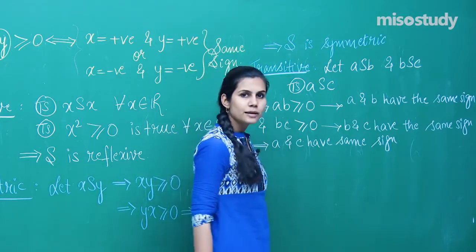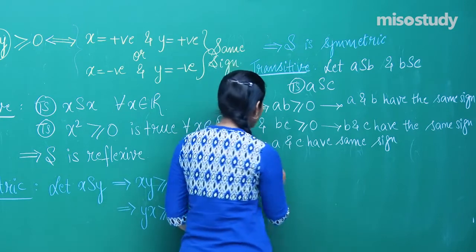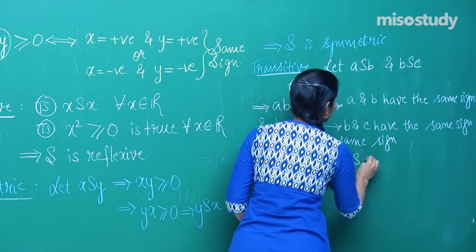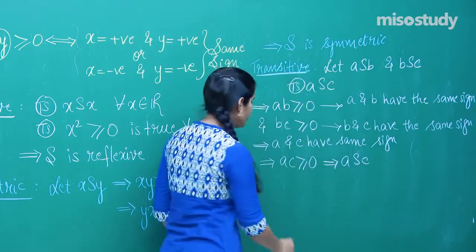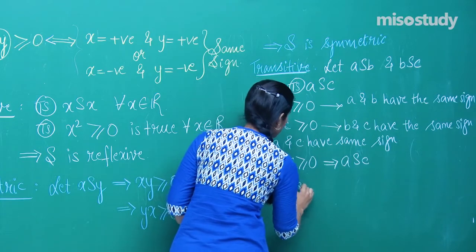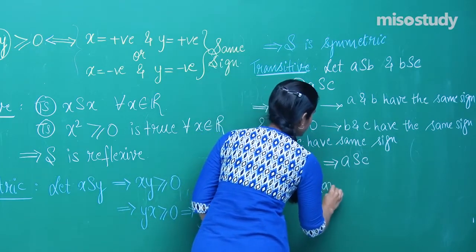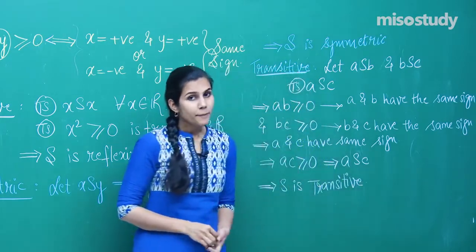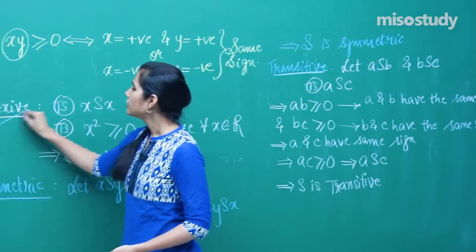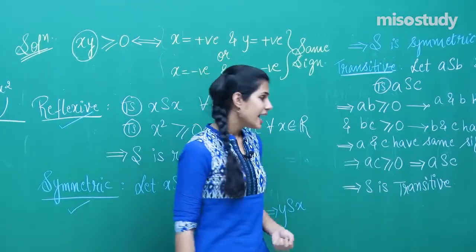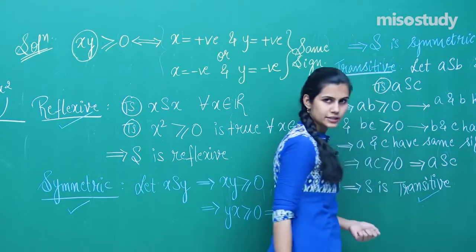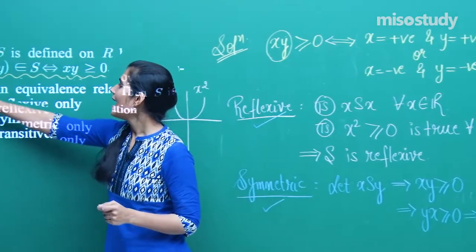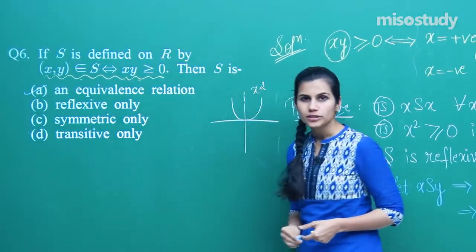So in both the cases, I am sure A and C will have the same sign, because of which A into C will be non-negative, or I can say A is related to C under the relation S, which implies S is transitive. And therefore, my S, which is given to me, is reflexive, symmetric and transitive. Therefore, this S given to me is definitely an equivalence relation.